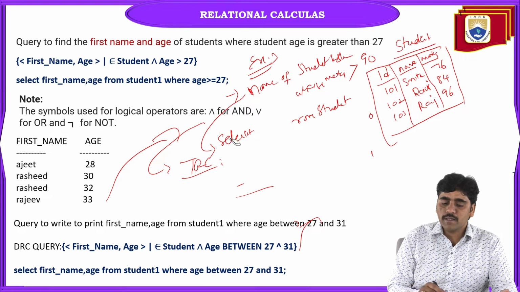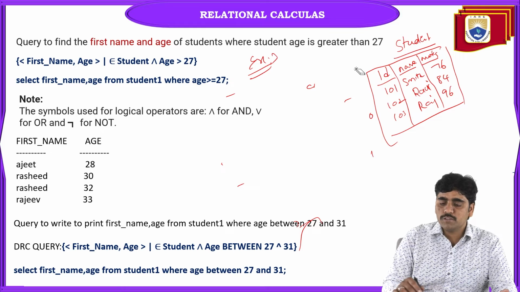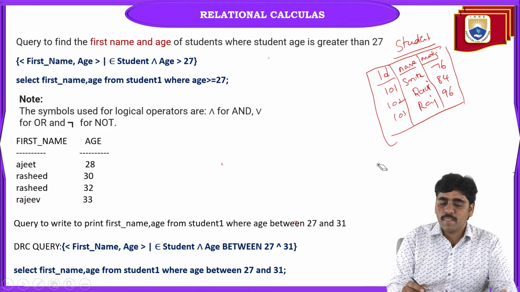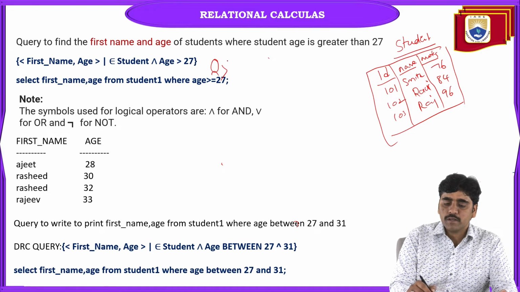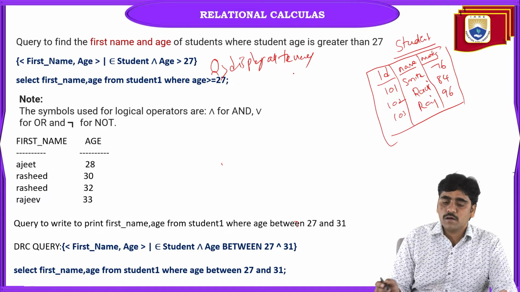Similarly, we can write the domain relational calculus also. The question is: display all the names, or all the values.